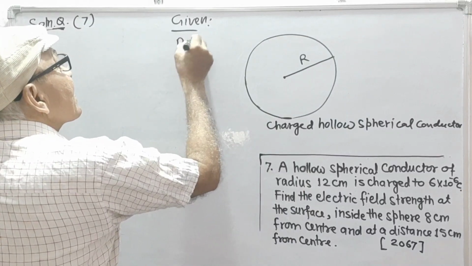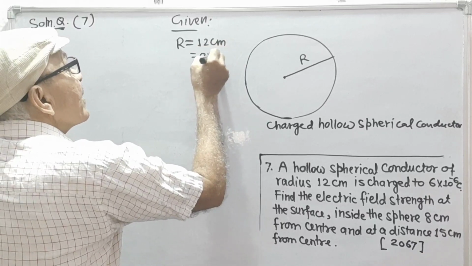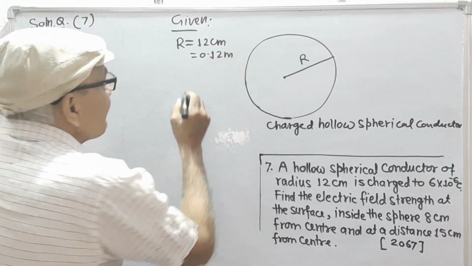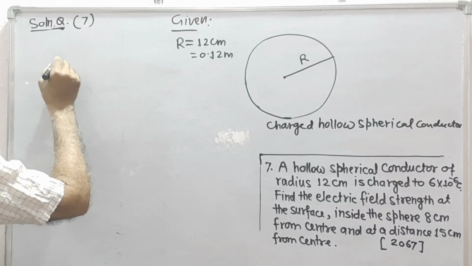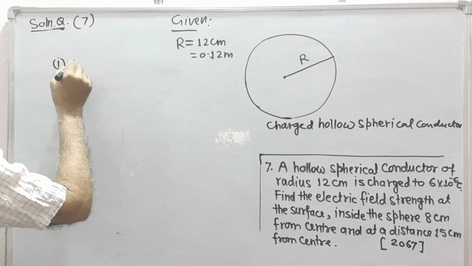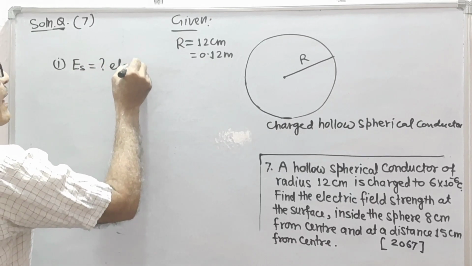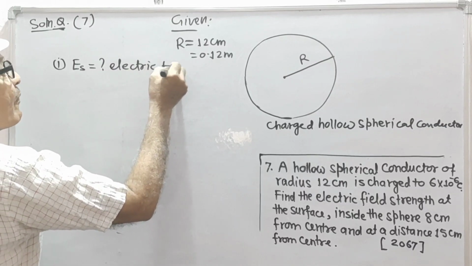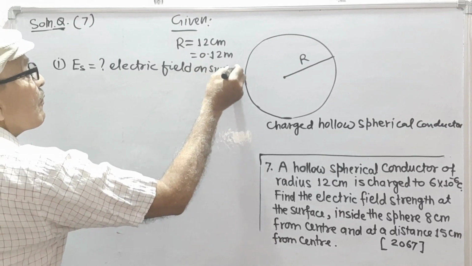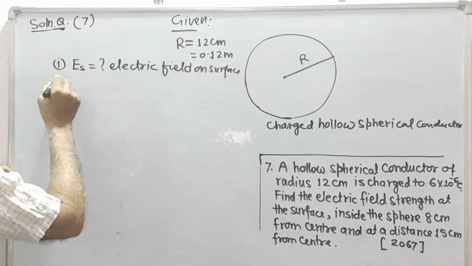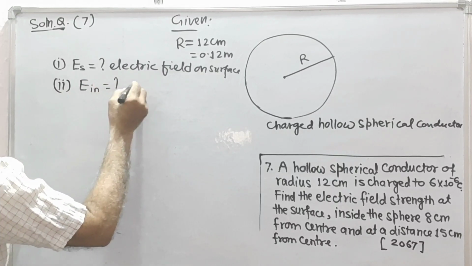Radius of hollow conductor is 12 cm, that is 0.12 meter. We have to find electric field on the surface. Secondly, we have to find electric field at internal point.